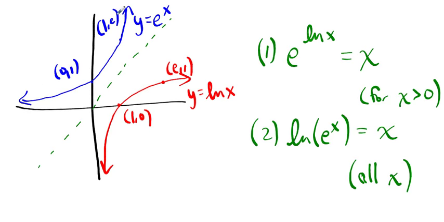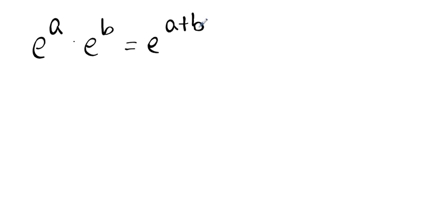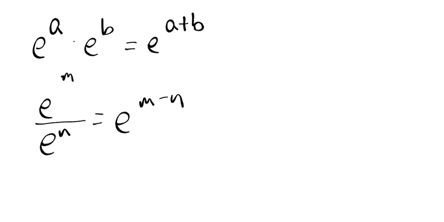Okay, this is the exponential function. It's got all the familiar properties that exponential functions have. If you multiply powers of the same base, you add their exponents. There are lots of good reasons why that's true. Similarly, dividing powers of the same base results in subtracting exponents.